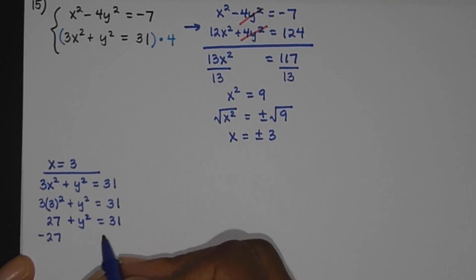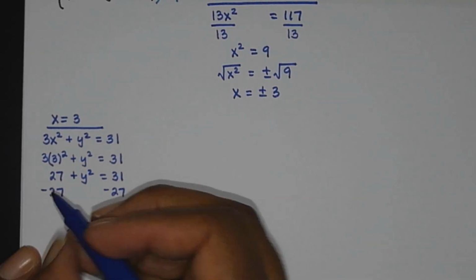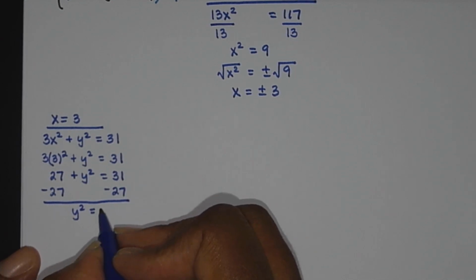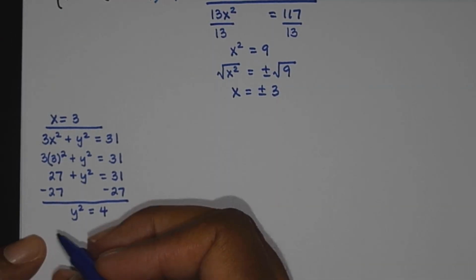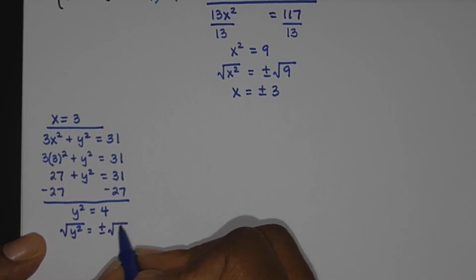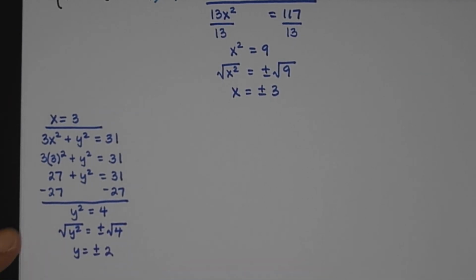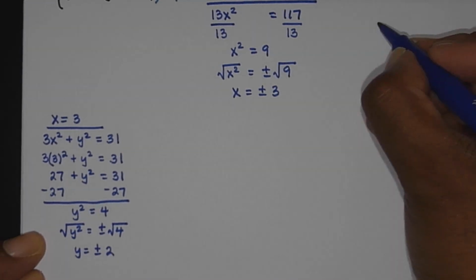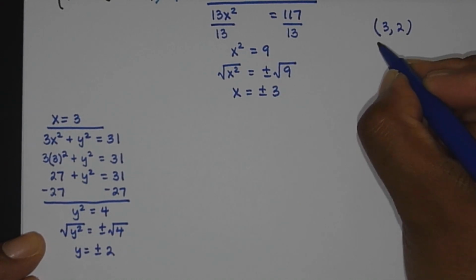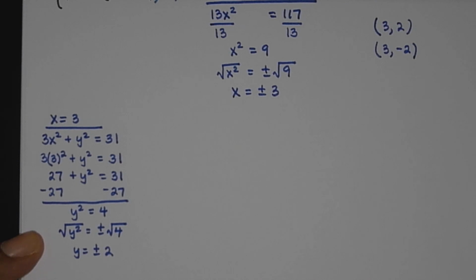Then if you subtract 27 on both sides, that would mean y squared is equal to 27 from 31 will be 4. And then if you take the square root on both sides and include that plus or minus symbol, y would be equal to plus or minus 2. So that means for x equal 3, I have positive 2, and also negative 2. So I have two ordered pairs there.